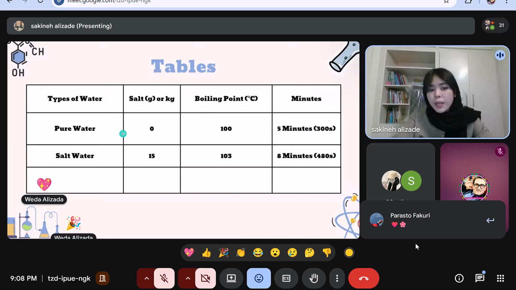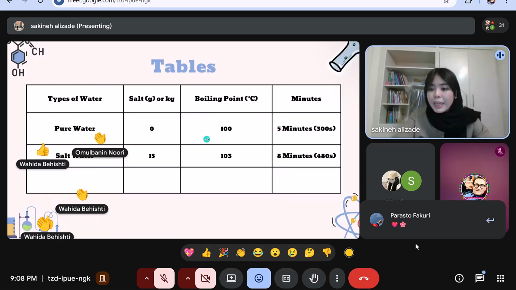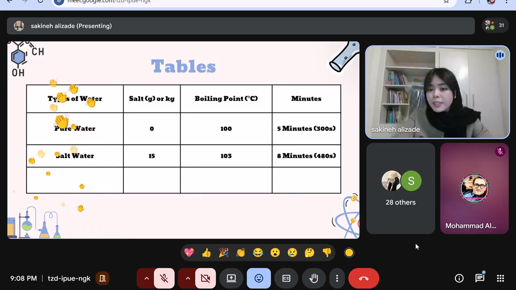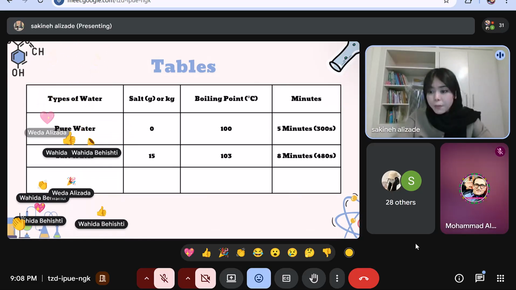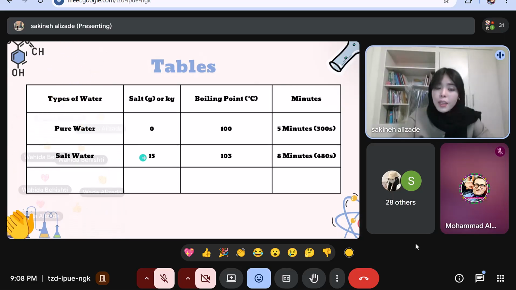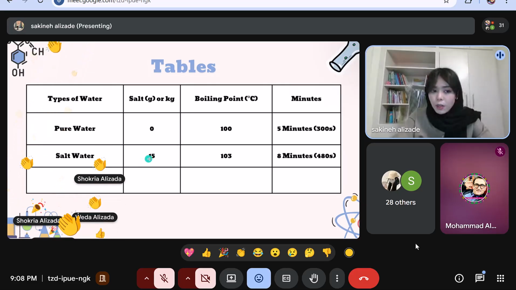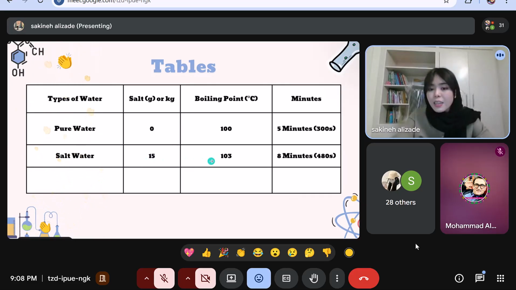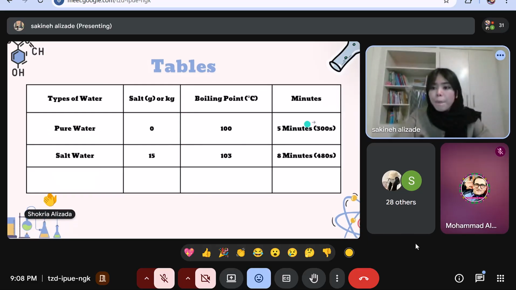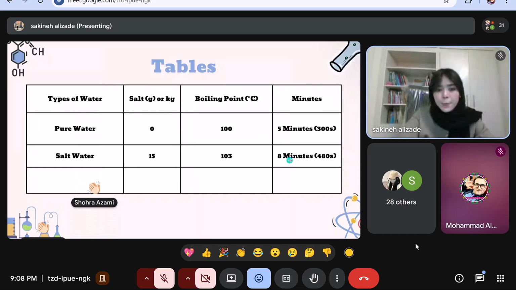In pure or plain water, the amount of salt was zero, and it reached boiling at 100 degrees Celsius in 5 minutes. For salty water, we had 15 grams of salt, and it boiled at 103 degrees Celsius in 8 minutes, which equals 480 seconds.